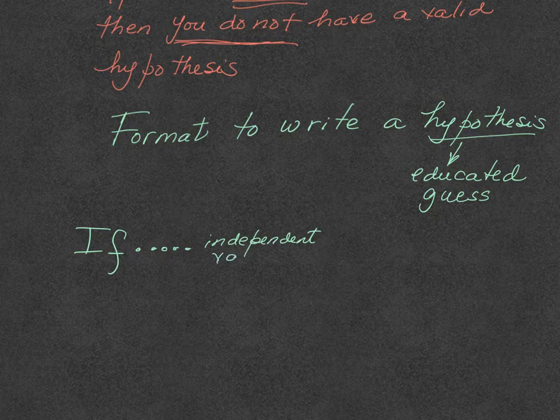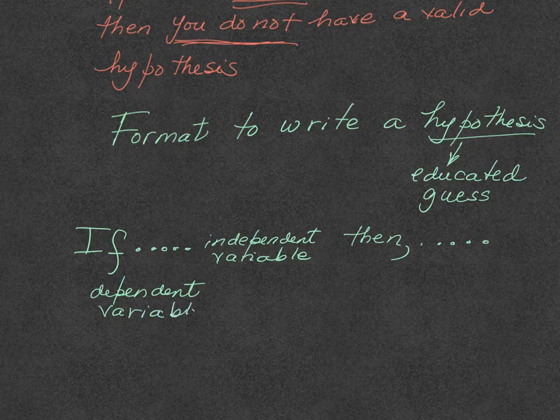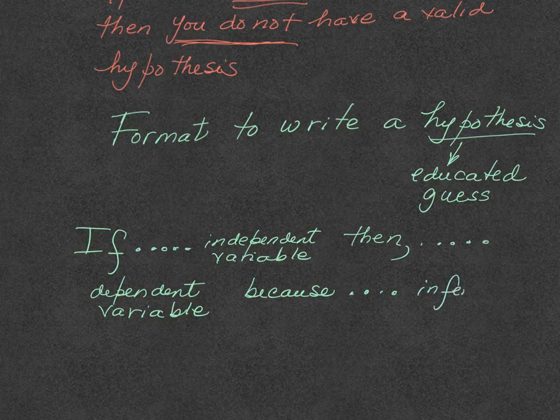If the behavior of the independent variable, then you have the behavior of the dependent variable, because, and then you make an inference. Just keep in mind that when you are making an inference, you are basing your inference on your previous knowledge about that topic that you are studying. Okay?